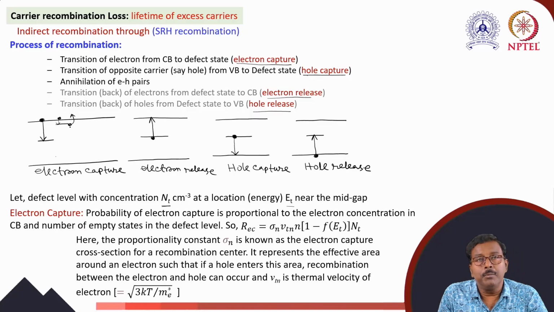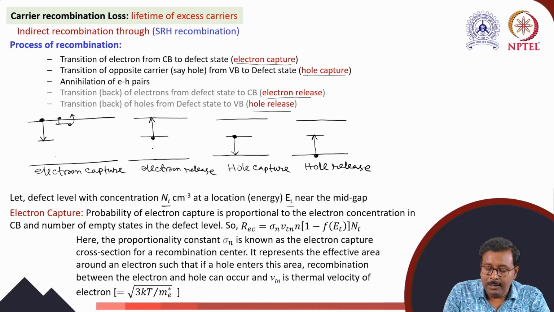So it may not take part in the recombination process further. That's why it is assumed that defect states which are deep are responsible for recombination of carriers from the conduction band to the valence band, through transitions via defect states.